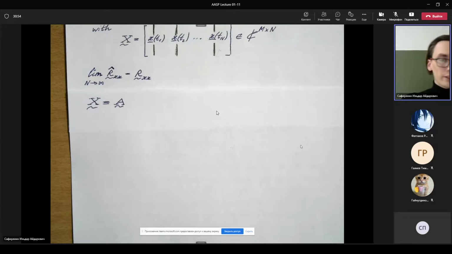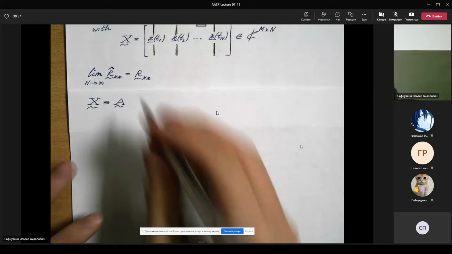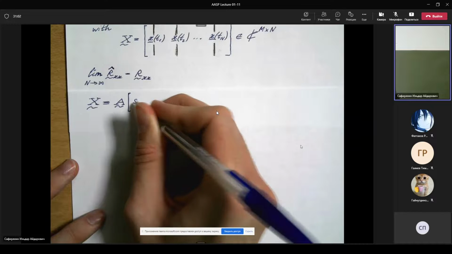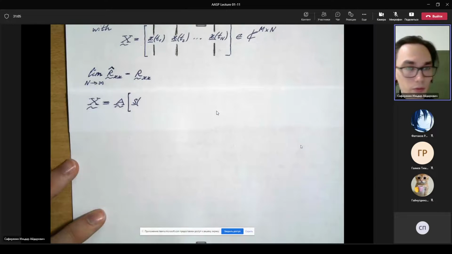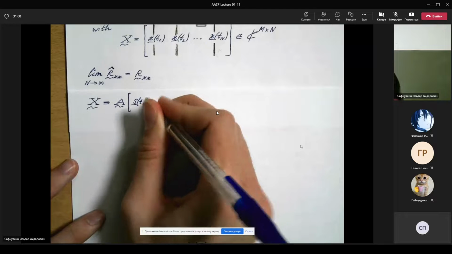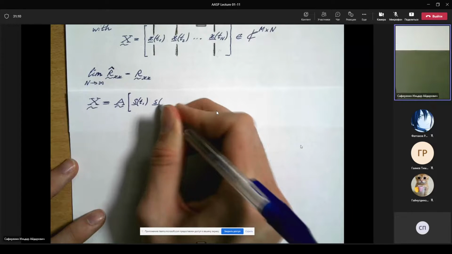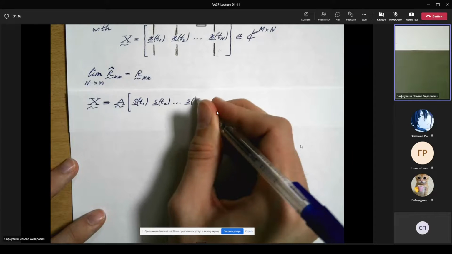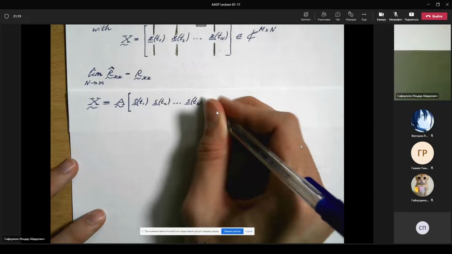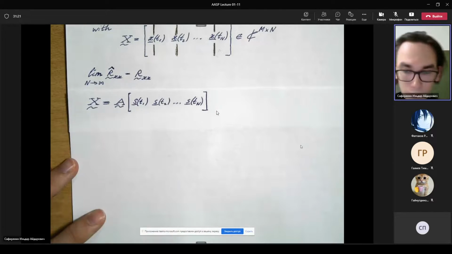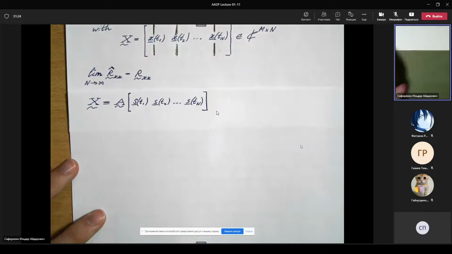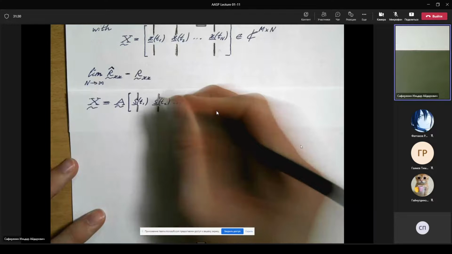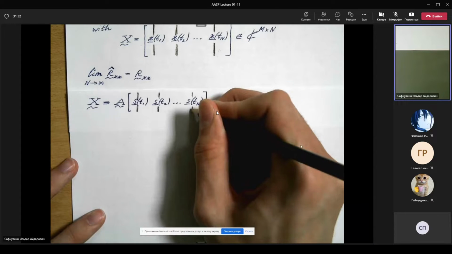And first I will show it as column matrix. So here first element is vector S for T1, then S for T2, up to S for T capital N. So column matrix, and the column matrix here.